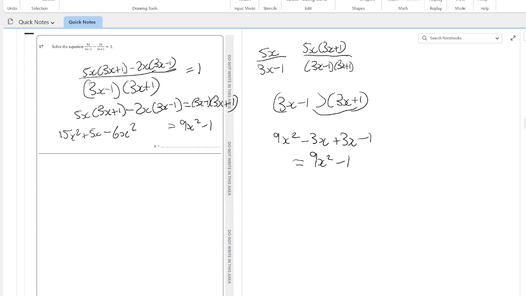Two negatives make a plus, so it's actually plus 2x. And now we get 9x squared plus 7x equals 9x squared minus 1. The 9x squared cancels out, and we get 7x equals minus 1, and x equals minus 1 over 7.